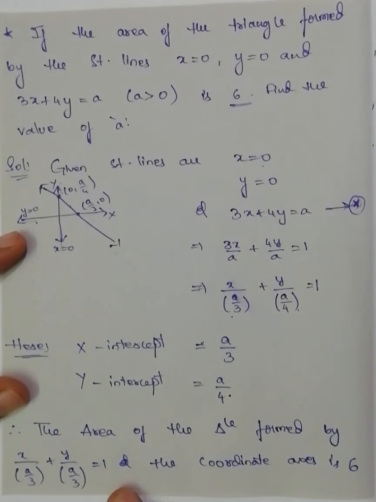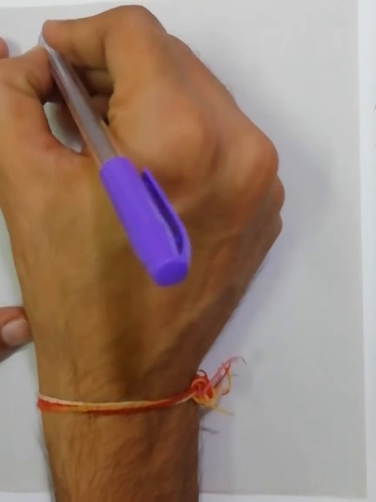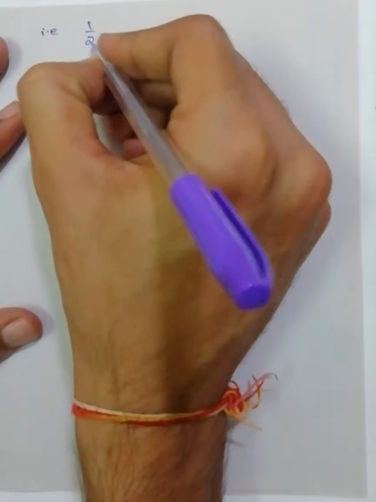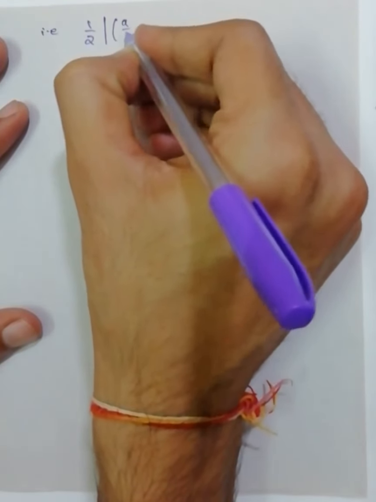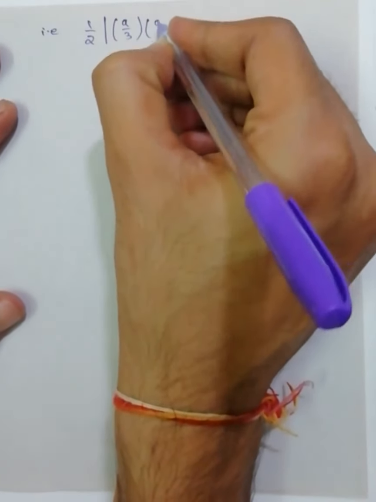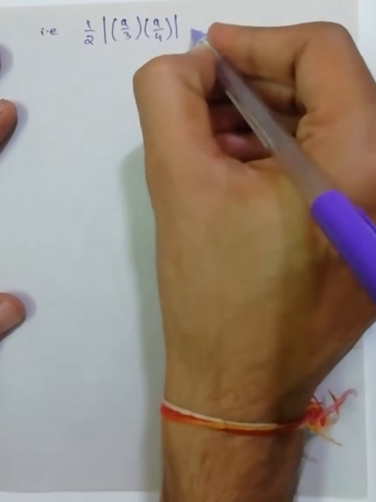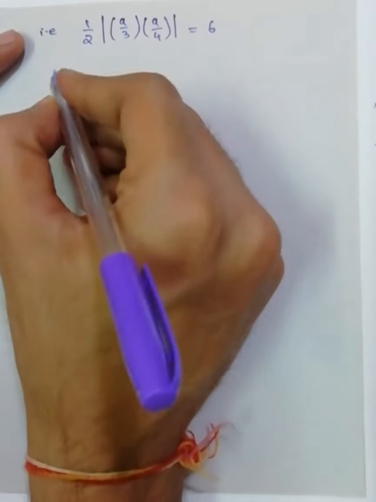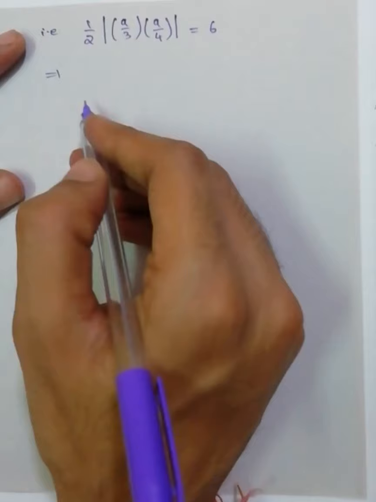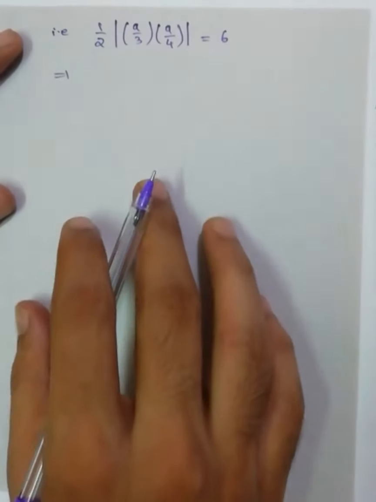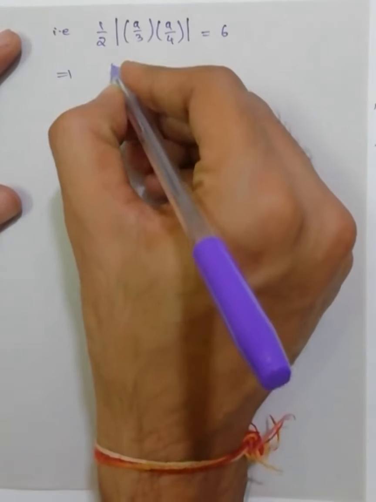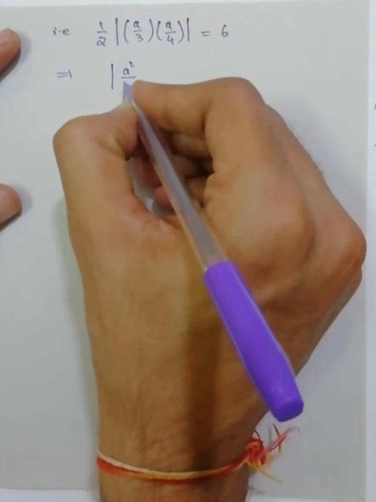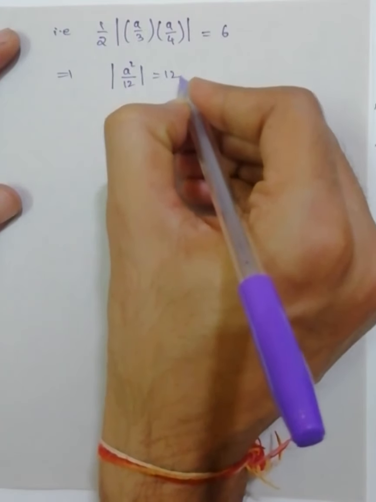So I can use the formula here, that is half modulus of a by 3 into a by 4 is equal to 6. Now send this 2 here to the right hand side. We will get modulus of a square by 12 is equal to 12.